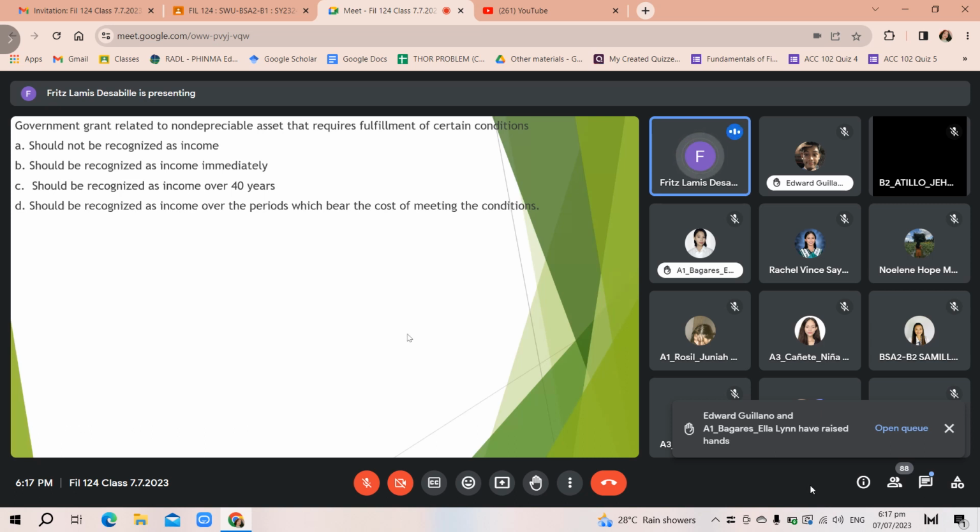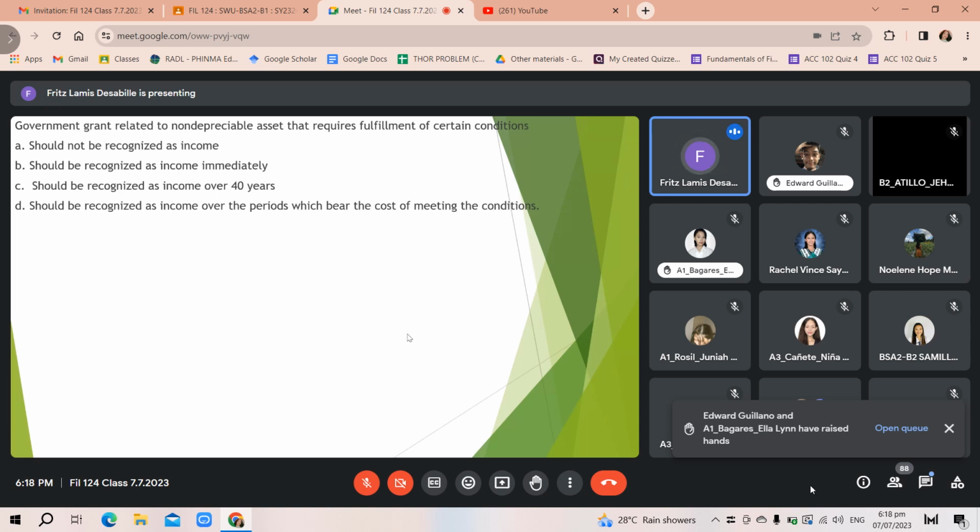However, in this case, the PPE that we acquired through the grant, or ang PPE nga related sa grant, is not depreciable. Ang example ana is land. Land is a non-depreciable asset. Wala siya depreciation, because land appreciates. Okay.